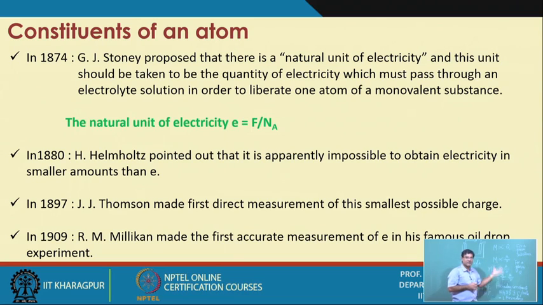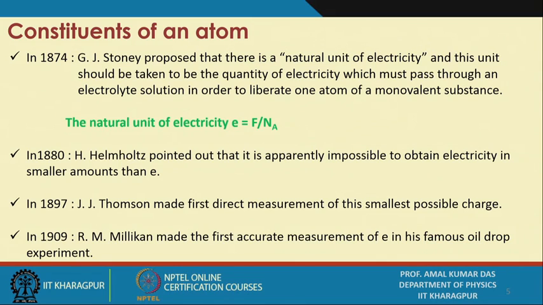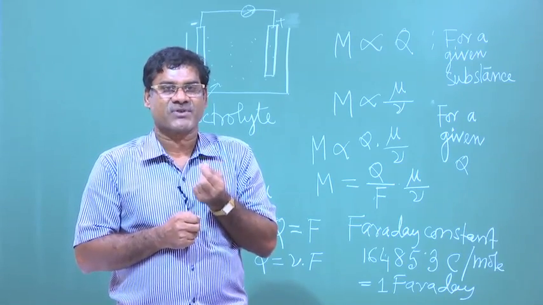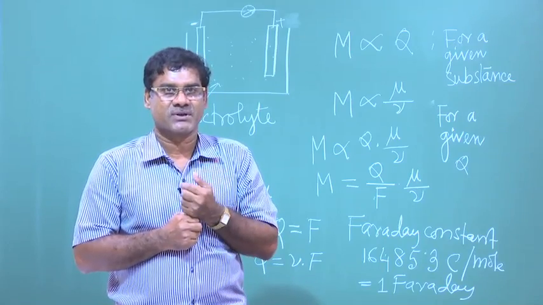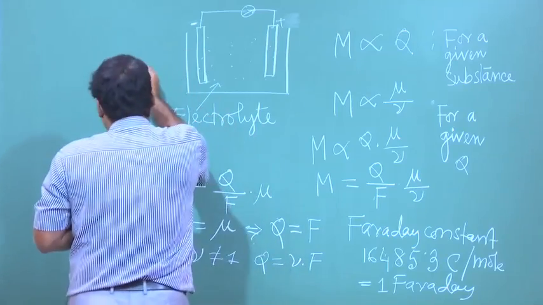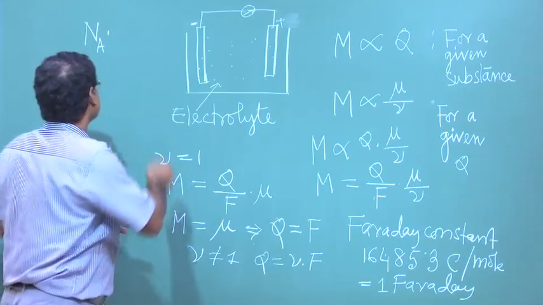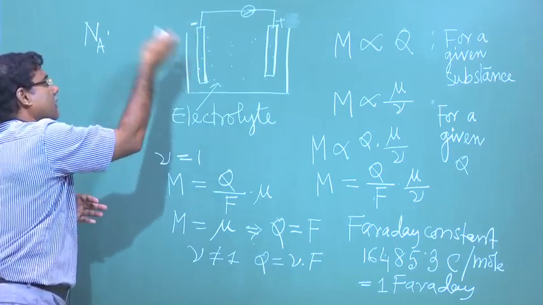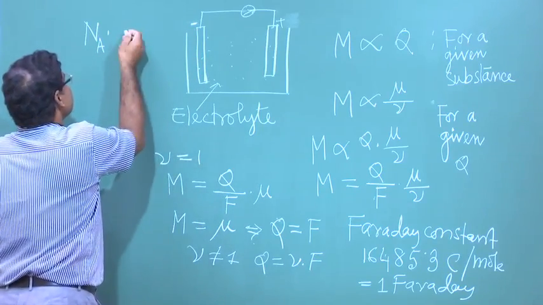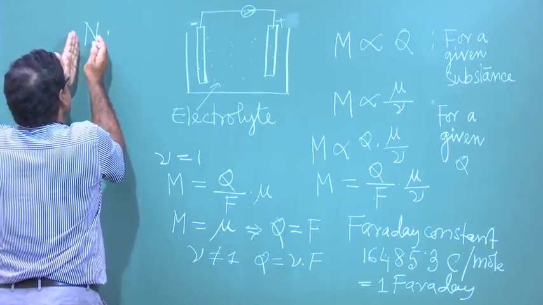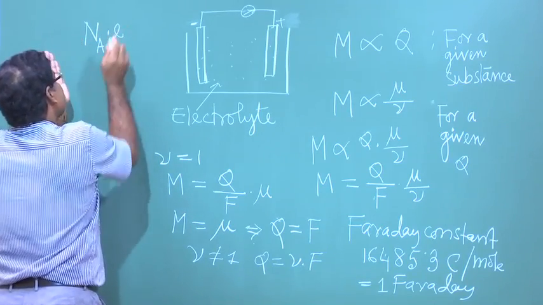Later on, according to Stoney, 1 gram mole of substance contains Avogadro number of atoms, and if each atom has the smallest unit of charge, then any number of atoms deposited on the electrode when you pass electricity of 1 Faraday, each contains a unit of charge.